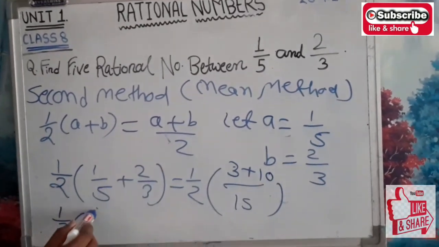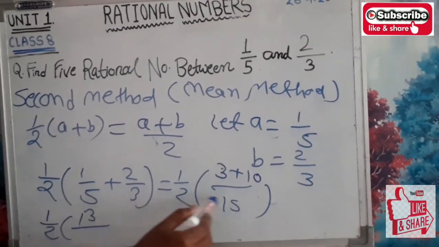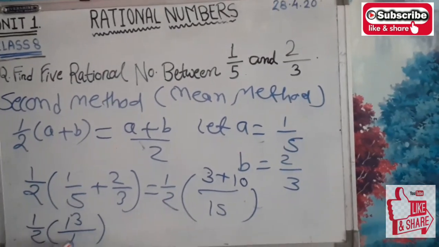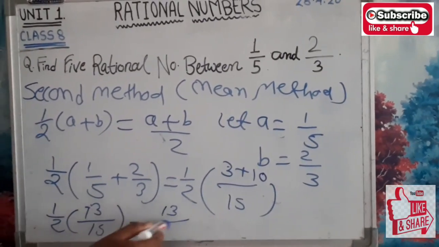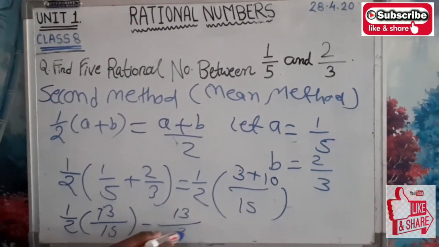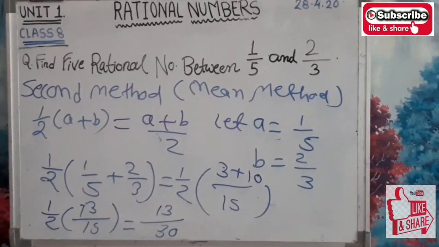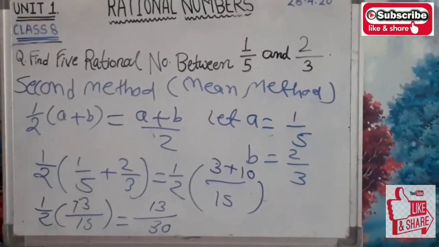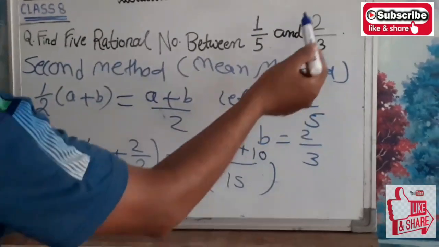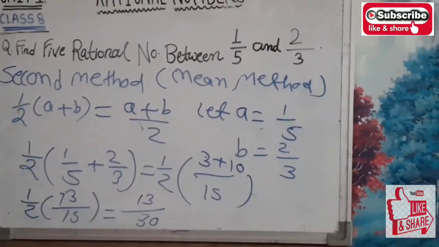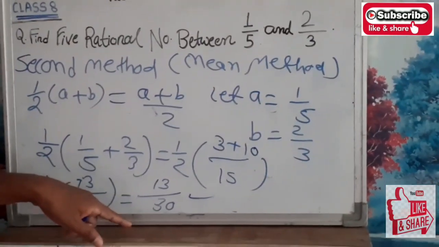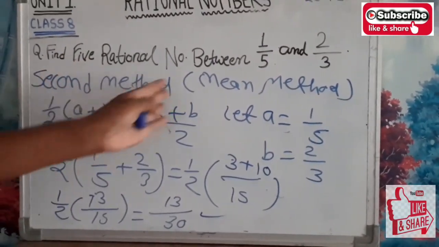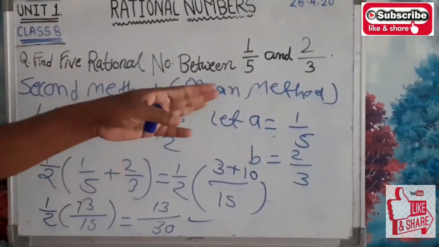3 plus 10 is 13, and multiply by half, which gives 13 by 30. This is the first rational number. Clear? So between 1 by 5 and 2 by 3 is situated this rational number. We can find a lot of rational numbers by using this formula.